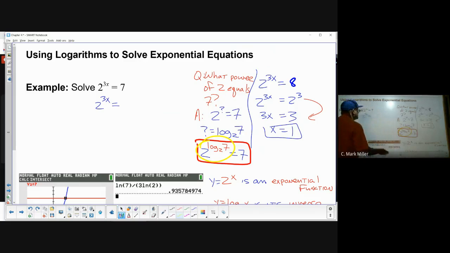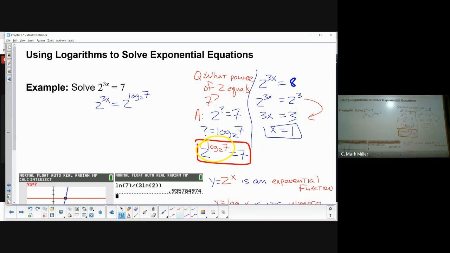And so that is 2 to the log base 2 of 7. That is a very important step. All we're doing is rewriting 7.